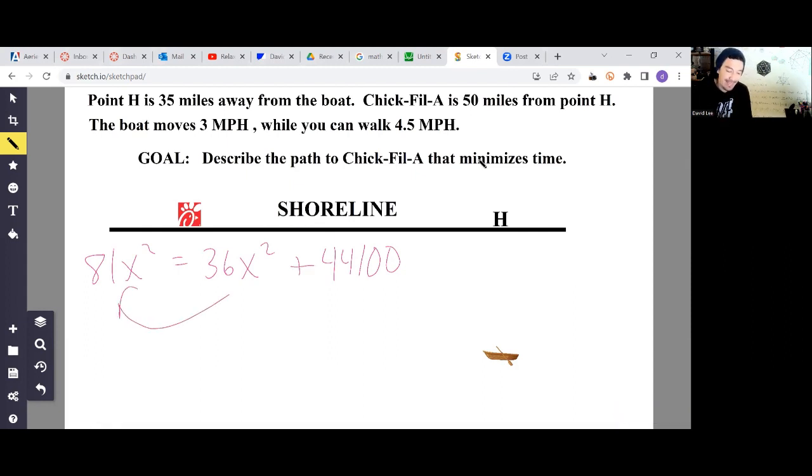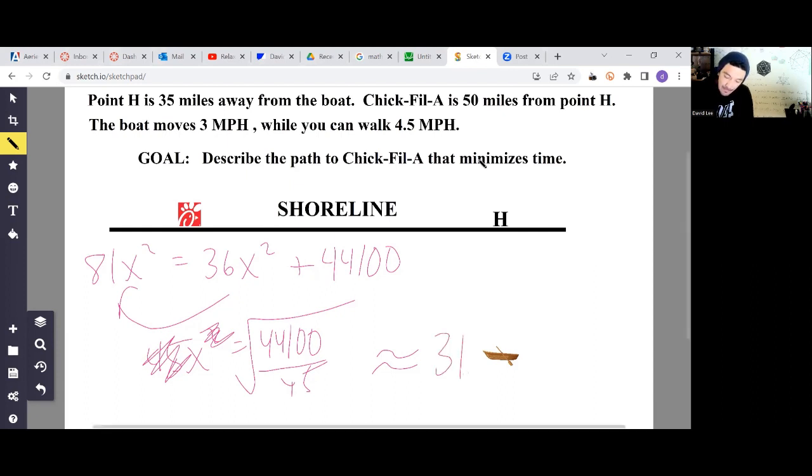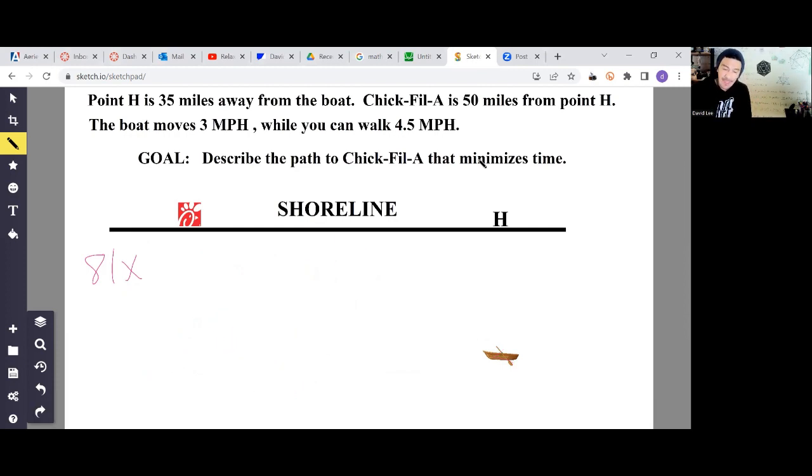Subtract 36 from 81. That'd be a what? 45. So we have 45x squared equals 44100. Divide by 45. And then square root to get x, which is about, let's see, I forget what the answer is. Let's find out. So I get about 31.3. About 31.3 for the value of x. So x is about 31.3.